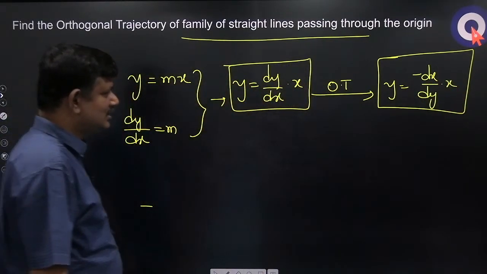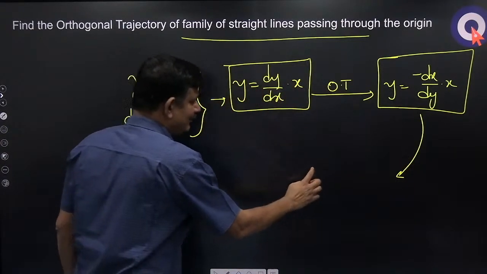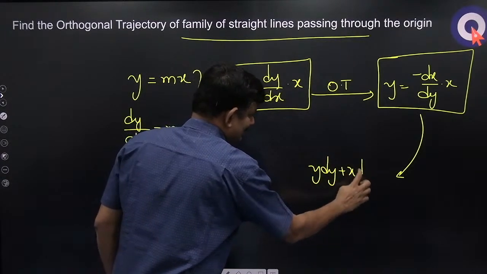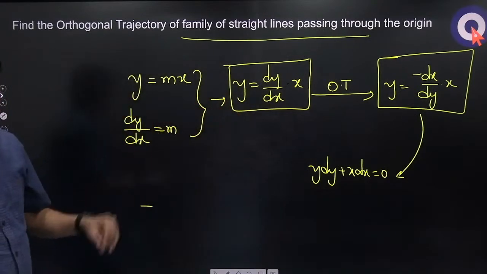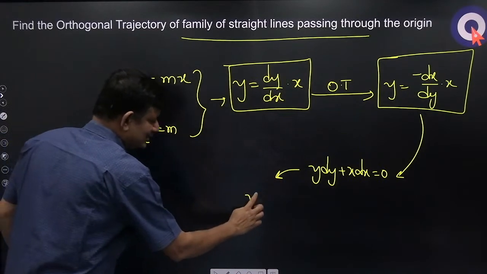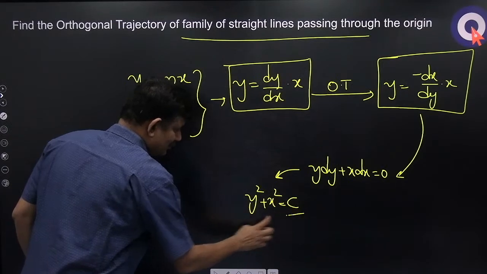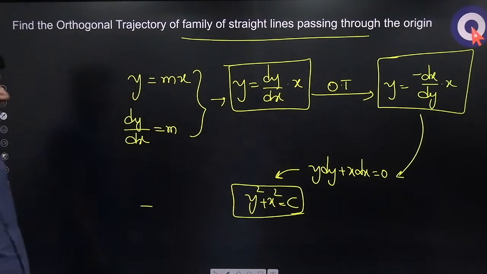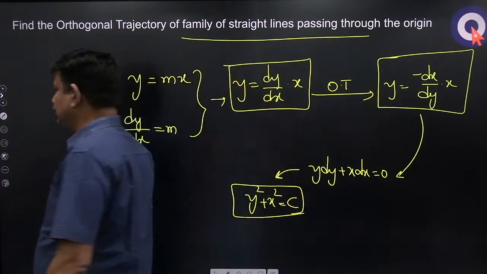Now how to solve this? y dy plus x dx is equal to 0. Integrate on both sides. What will you get? y square by 2 plus x square by 2 is equal to a constant, or the 2 I can adjust in the constant. That will be your orthogonal trajectory.